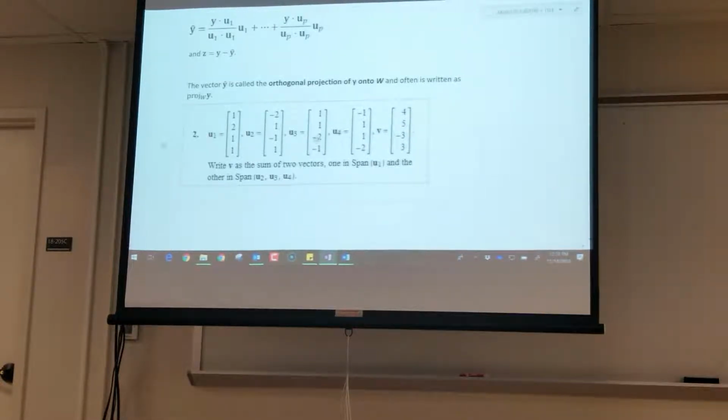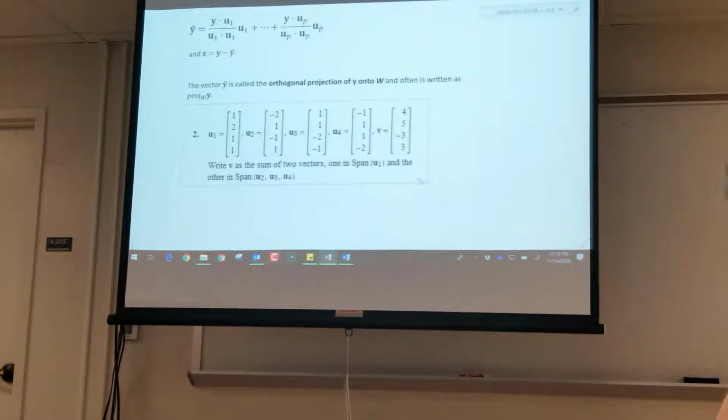So just looking at u1, u2, u3, and u4, if you take any pair of them and dot them, you'll get 0. You want to just do that in your head real quick? You don't have to do all the pairs, but okay. So now that you're convinced of that, it says here we want to write v as a sum of two vectors. One of them is a span of u1, and then the other one is a span of the other three vectors.